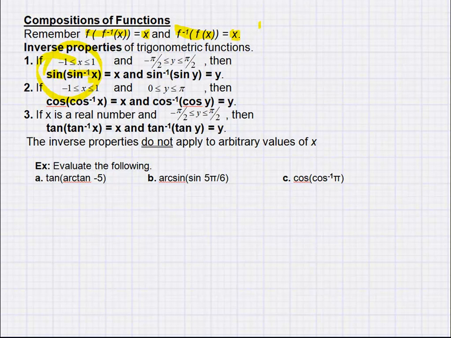If I'm doing the inverse sine first, I have to think about what I can plug into the inverse sine. What I can plug in for x is between -1 and 1, because that's the domain. So as long as I can plug x in and do this part, I should be able to do the second piece, and both of these pieces should cancel out and just give me x.